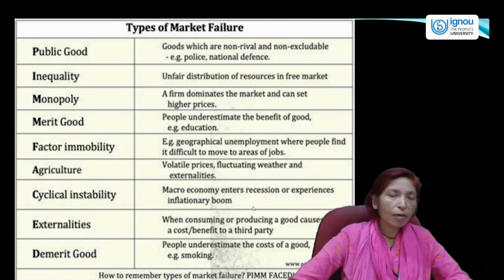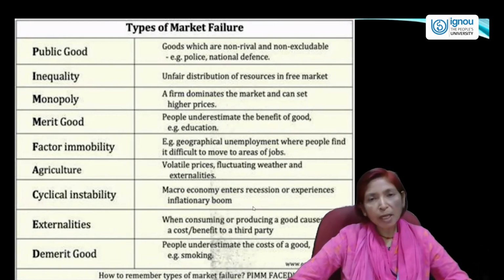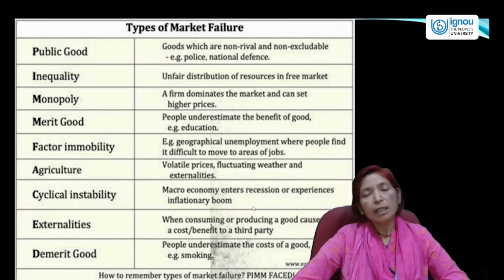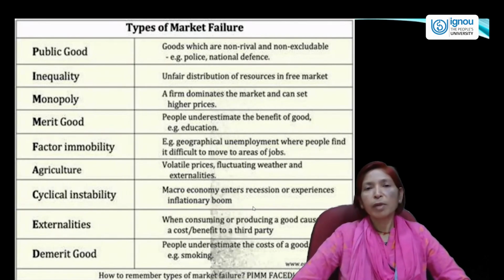Whether they are paying for it or not paying for it, all can use that commodity. That is called a public good, which is consumed by the whole society or whole country in a community way, or the whole community is using any product or anything, that is called a public good.